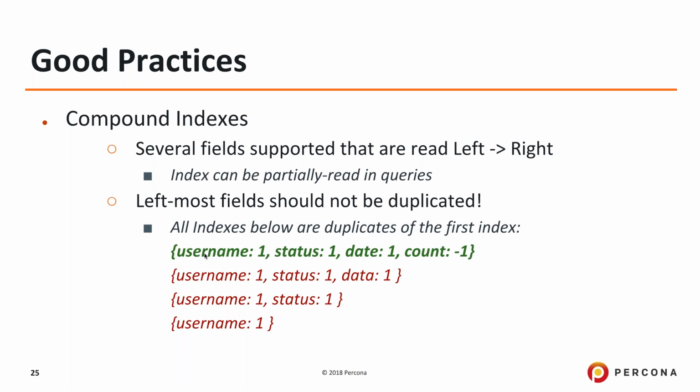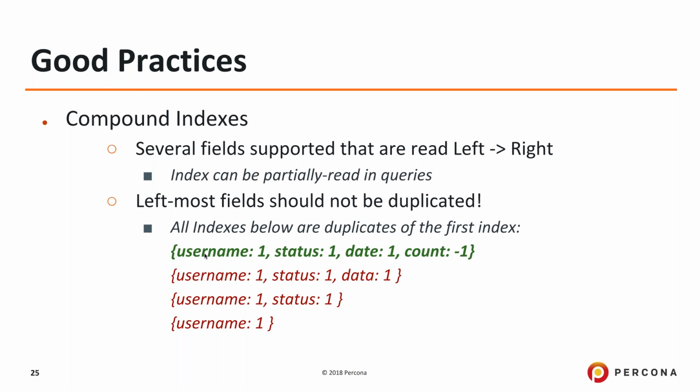If I did a query on only username, Mongo can still use this index because it knows it can just chop off the rest of the index and just use the first, I don't know how many bytes the username is, but let's call it 16 bytes. It'll chop off the rest of the index entry and just use that first left half. Same if I wanted username and status, and so on.